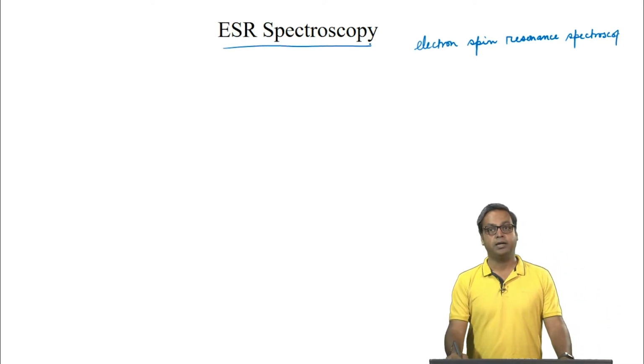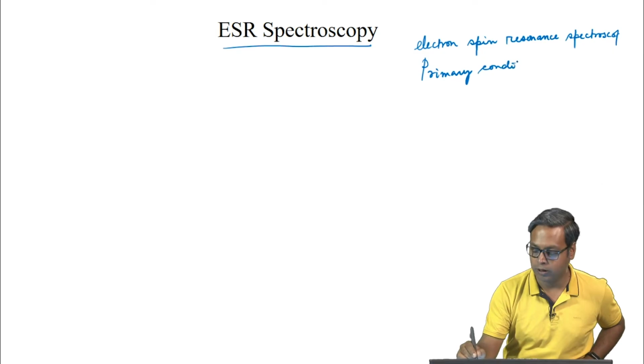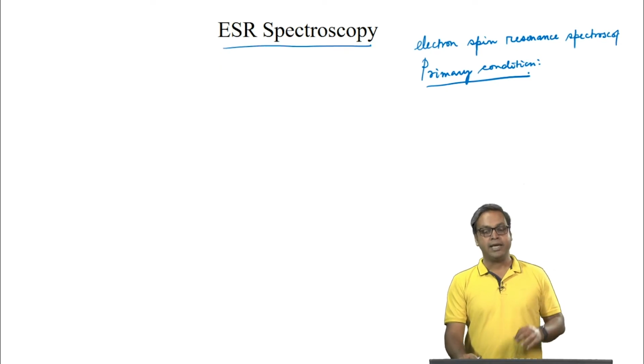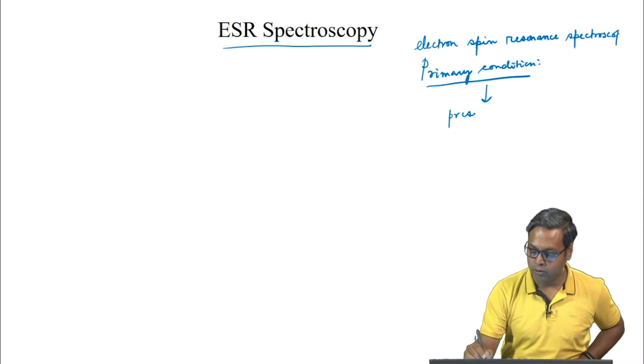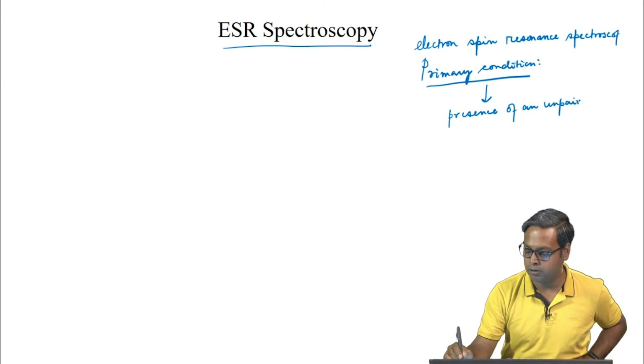We saw that the primary condition to obtain an ESR signal is the presence of an unpaired electron.